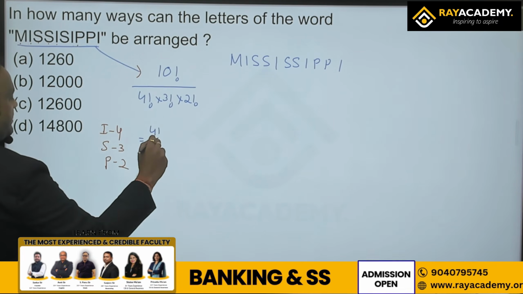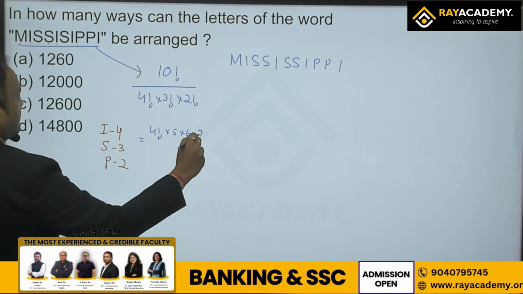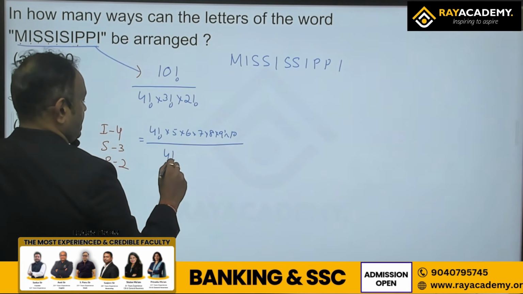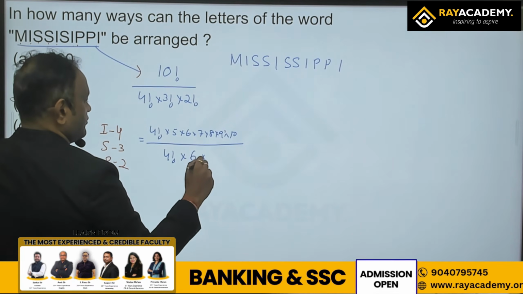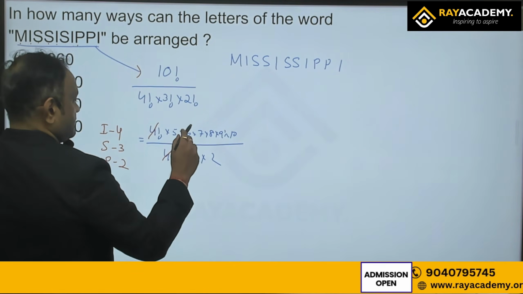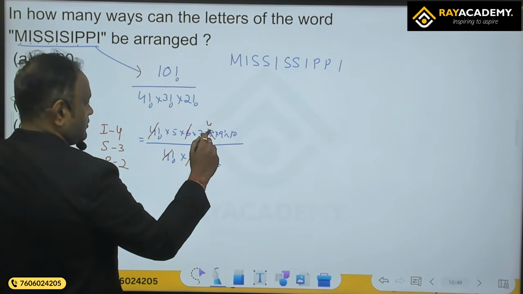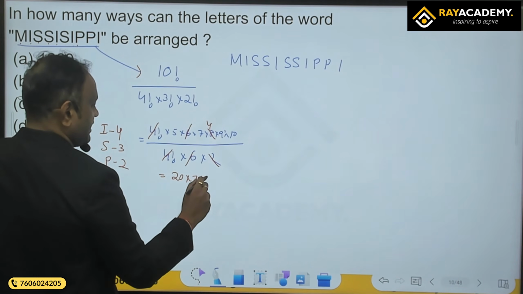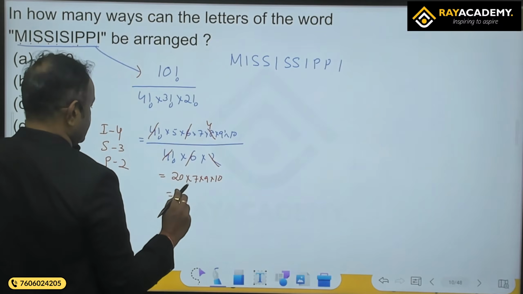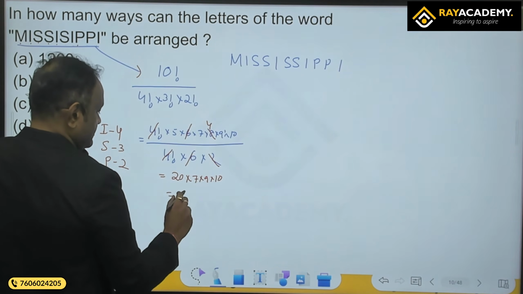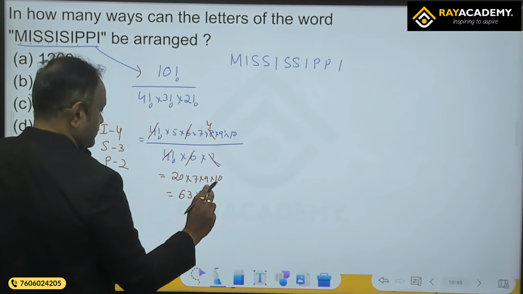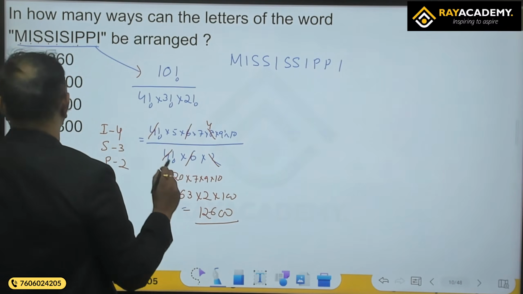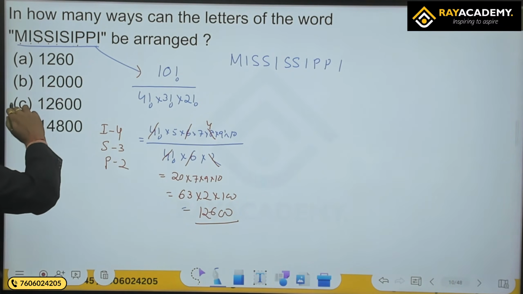This will be 4 factorial into 5 into 6 into 7 into 8 into 9 into 10, divided by 4 factorial into 3 factorial, which is 6, into 2 factorial, which is 2. Now cancel out 6, 6, 2, 4. So you are getting 20 multiplied with 7 into 9 multiplied with 10, which is 63 into 2 into 100. So 12600. I think this spelling is correct.